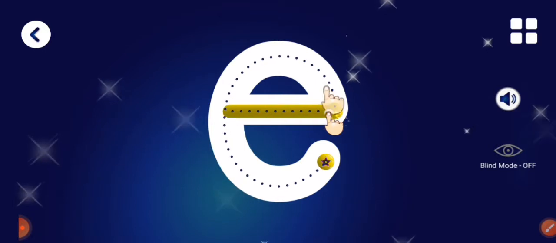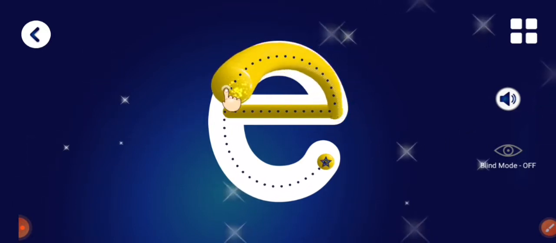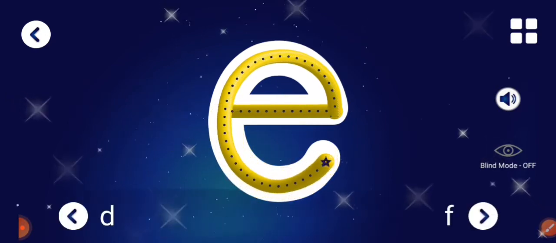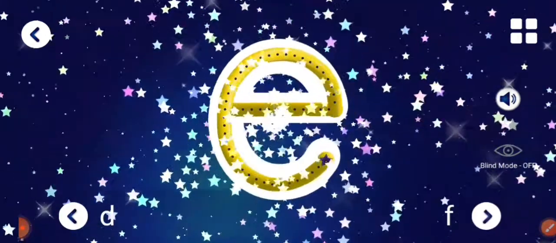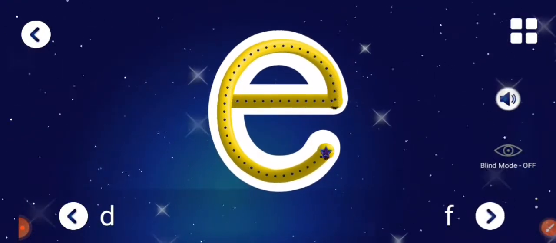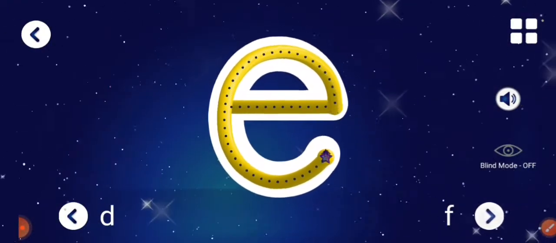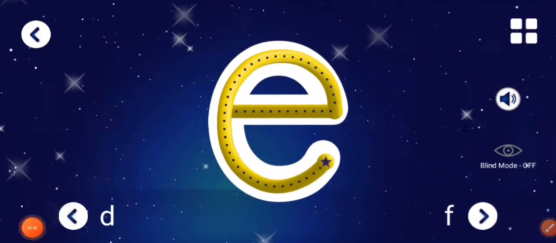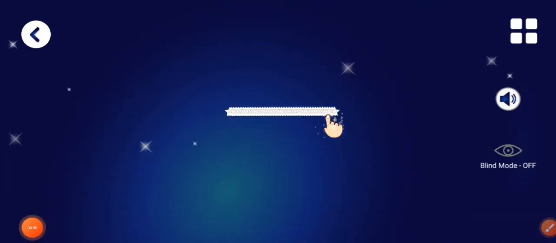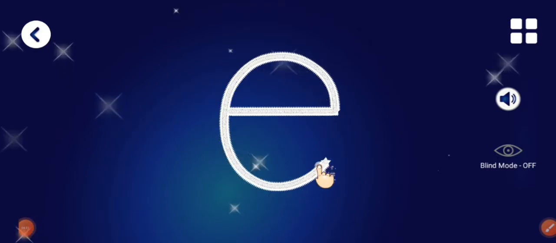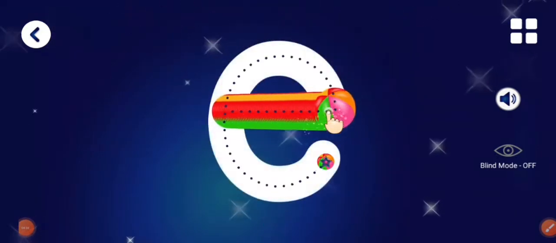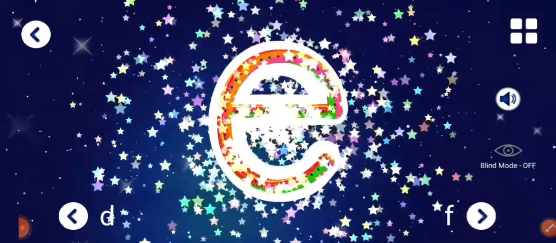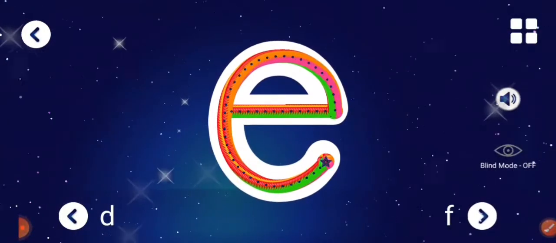Then from the top you have to take the half curve like this, and touch the star mark. Sleeping line, half curve. Understood? E letter. Once again I will show it. Sleeping line, half curve, small letter E.